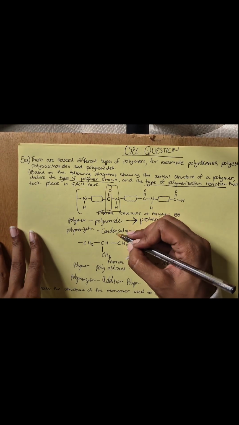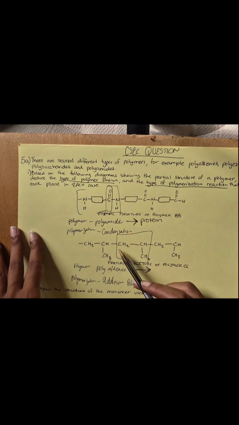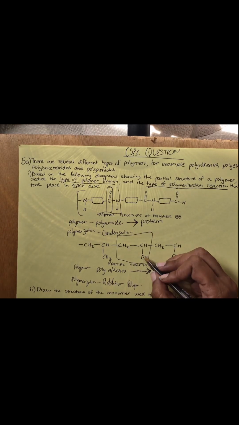And what about this polyalkene? If we look at just one molecule of it, we see you have 1, 2, 3 carbons. That means it's propene, and you have the CH3 group. Everything is telling us this is polypropene, which is used to make ropes.